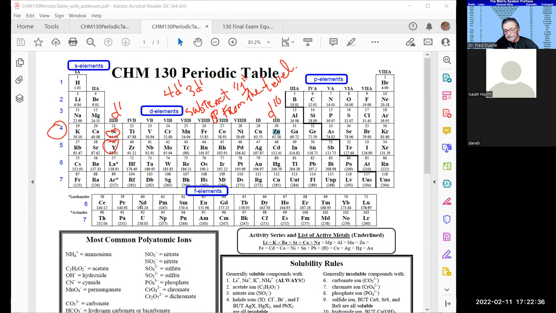For the F's, find the period it's in. Let's say this is the one you're looking at. So this is 4F1. So for the F elements, subtract 1 from the period it's in, and that is the energy level of that F orbital. Subtract 2, I should say.